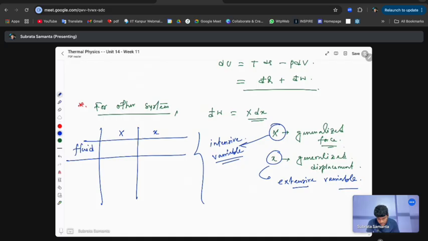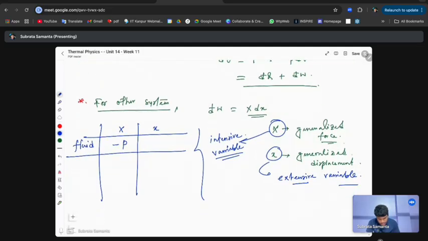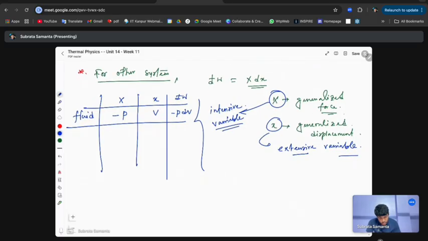It is minus p, the pressure, and x is basically your V, and dW is minus pdV. Here I put a minus p because if we decrease the volume, the pressure will increase. The sign is basically a convention.